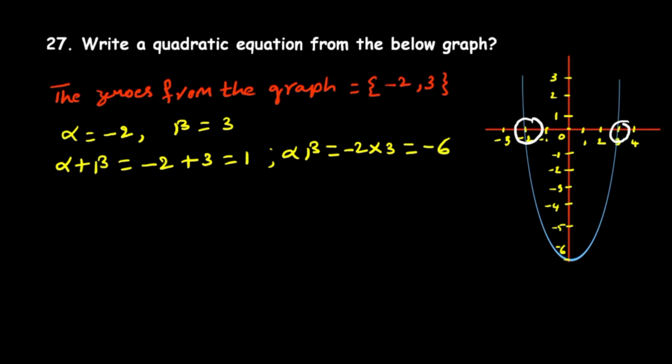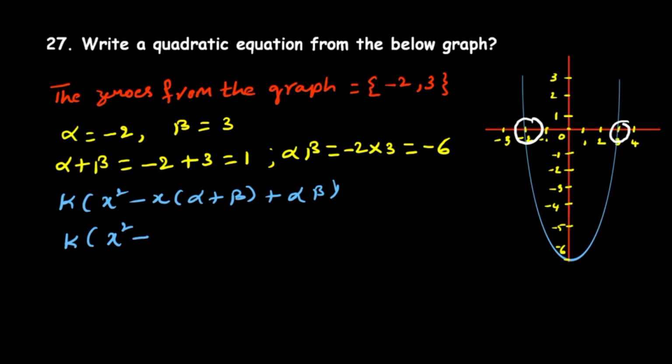So now what we do is use the formula k into x square minus x into (alpha plus beta) plus alpha beta. Okay, so from this, k into x square minus x, what is alpha plus beta? We got it, that is 1, plus alpha into beta is -6.